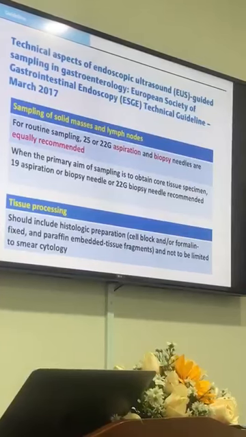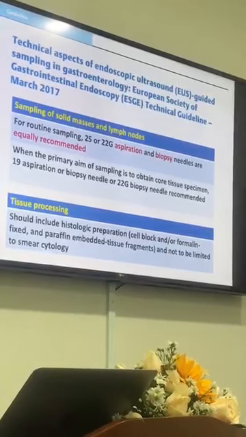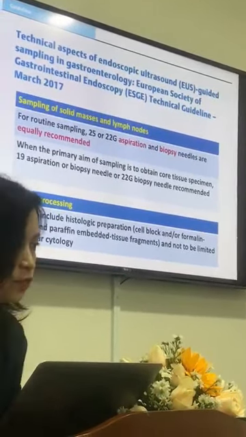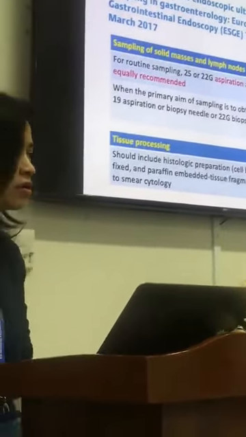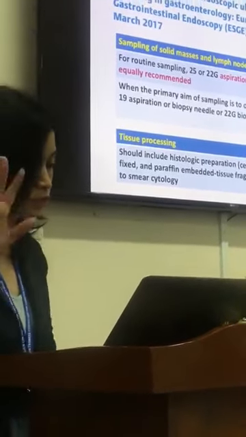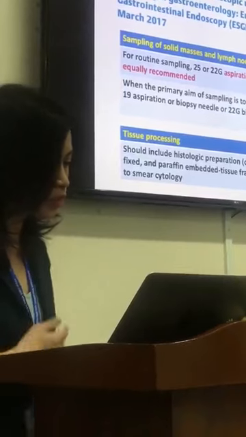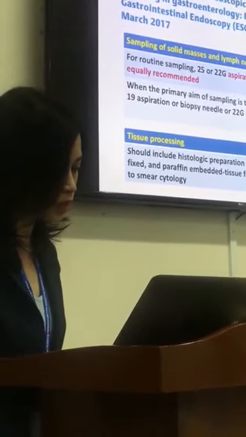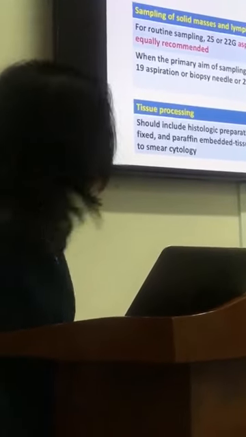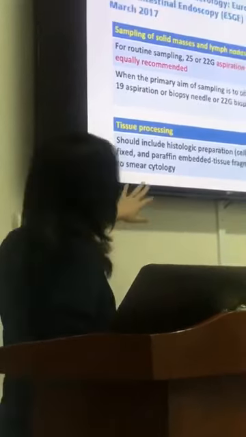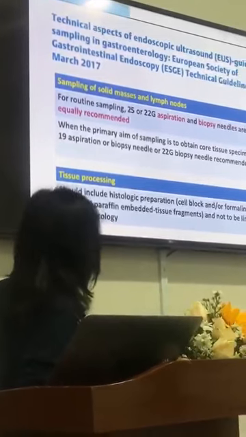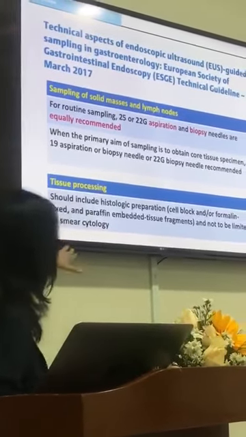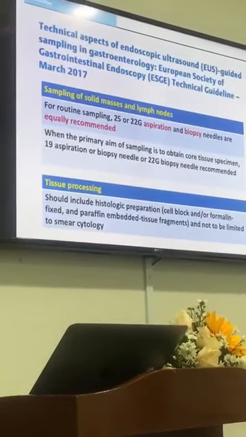So here's the current recommendations, but again, everything is individualized. Like for example, for myself, right now I only use FNB needle. I don't use FNA needle anymore, except for the cyst or something that's really big that I don't need a whole lot of tissue. And again, cell block or histology preparation has been recommended in addition to cytology alone.